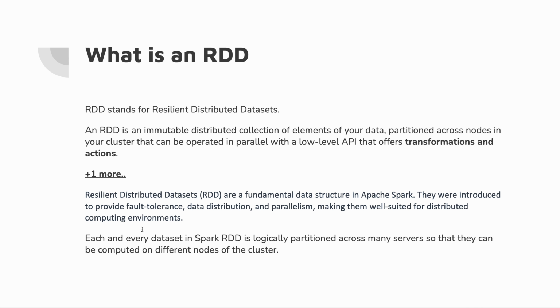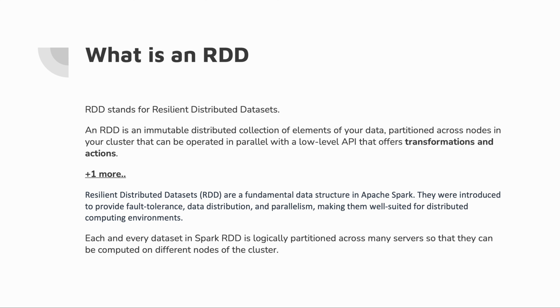So the RDD definition itself says resilient distributed datasets. Resiliency means that if a particular machine fails in the middle of a data processing job, and you want to recover, we can quickly achieve that and resume the job from the failed state instead of starting from the beginning.